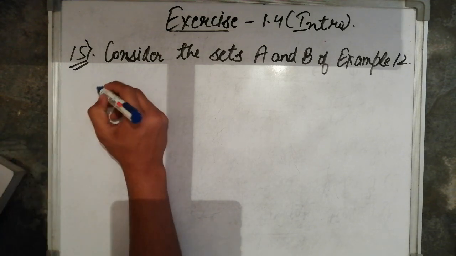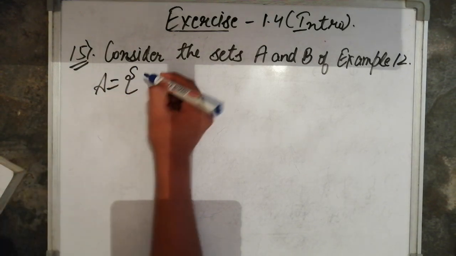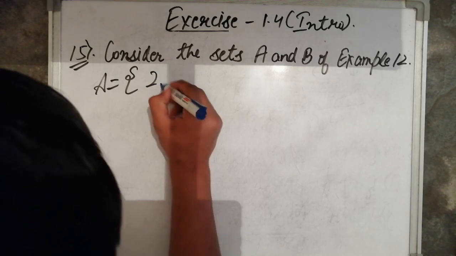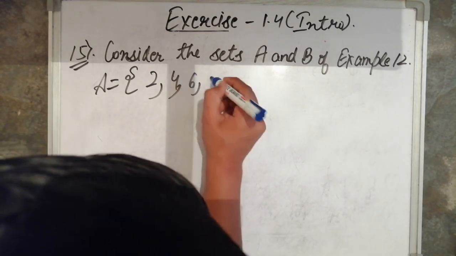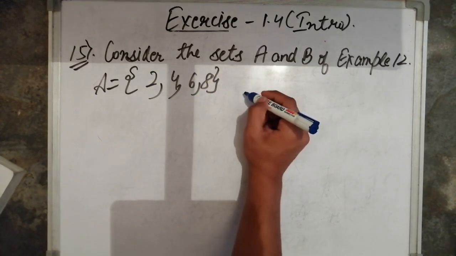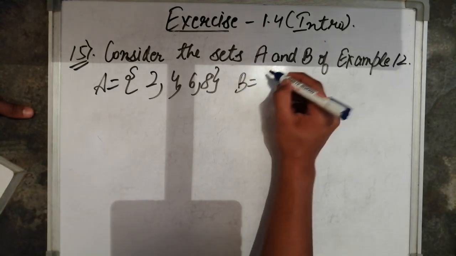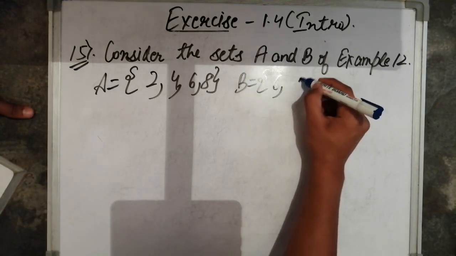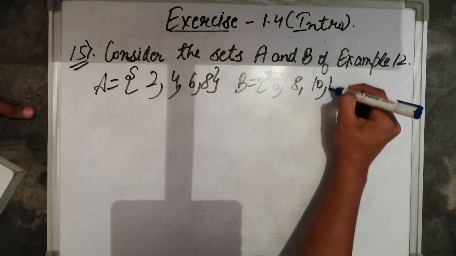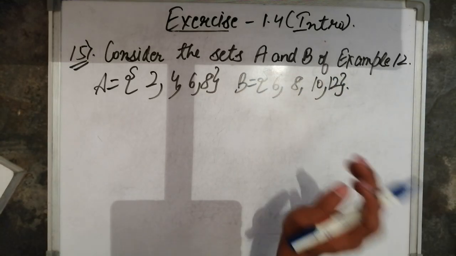The A set was {2, 4, 6, 8} and the B set is {6, 8, 10, 12}.